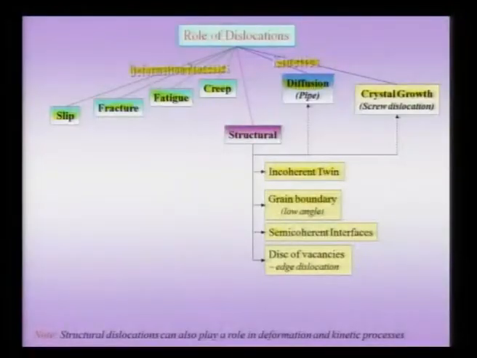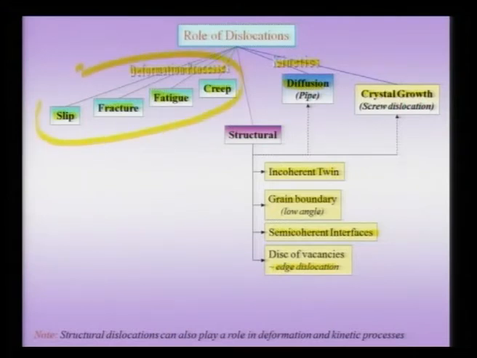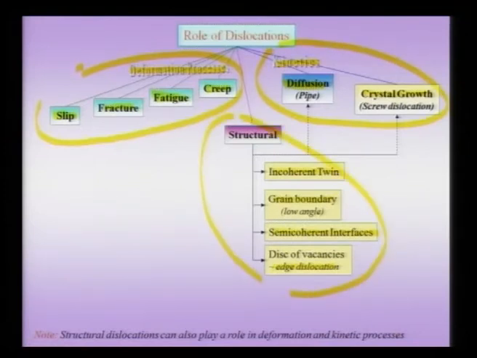They play a very important role in semi-coherent interfaces, and as we shall see, when you have a disk of vacancies on a slip plane or a certain crystallographic plane, then they can be thought of as an edge dislocation. So we can see that dislocations not only have a very important role in deformation processes, but also in various kinetic roles, and they have a very important structural role in materials. Some of these examples of the structural role we will actually take up during these lectures.